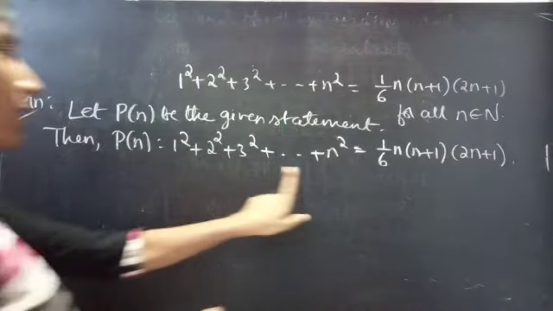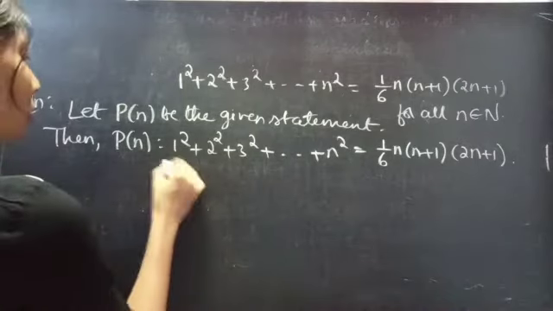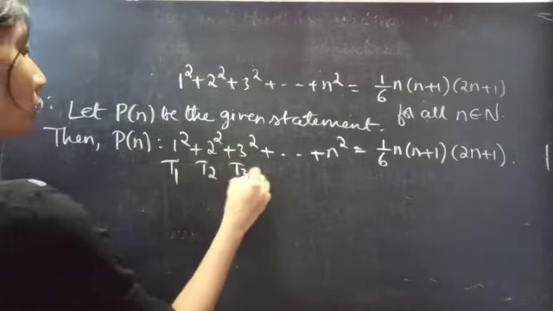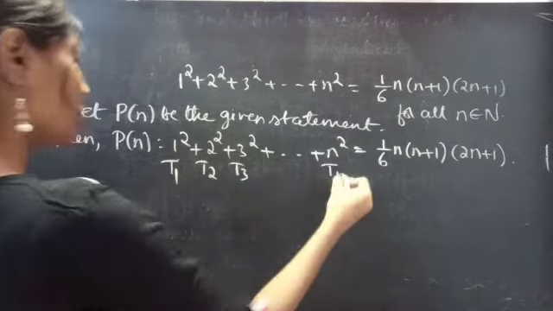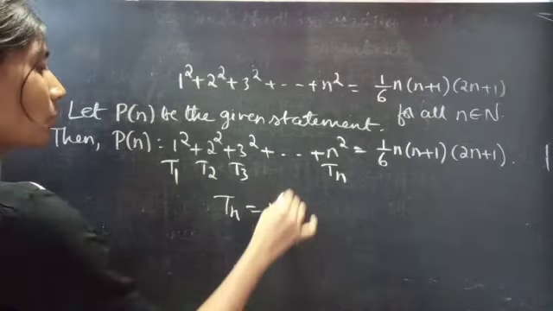So we are given n terms in the LHS, right? Let's represent the first term by T1, second term by T2, third term by T3 and nth term by Tn. So we have the nth term Tn equals n square, right?